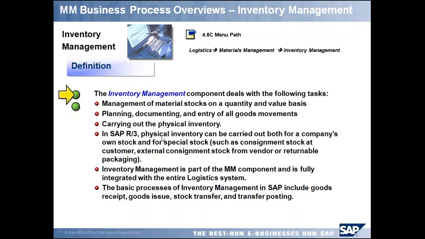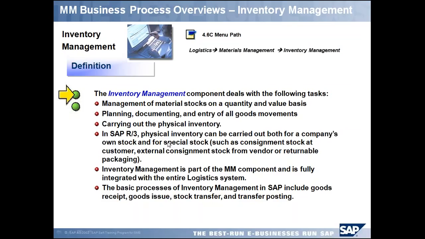returned back. So take this: physical inventory is carried out for the following types of stocks. Number one, own stock. Number two, special stock.